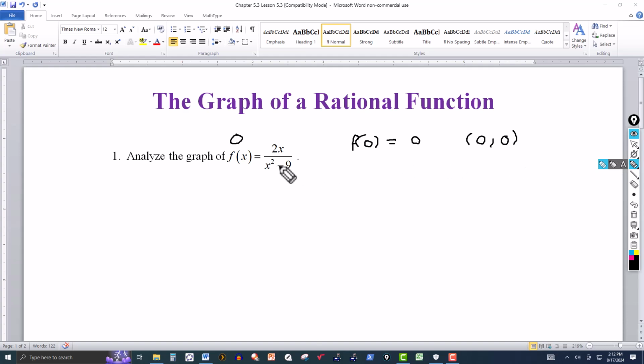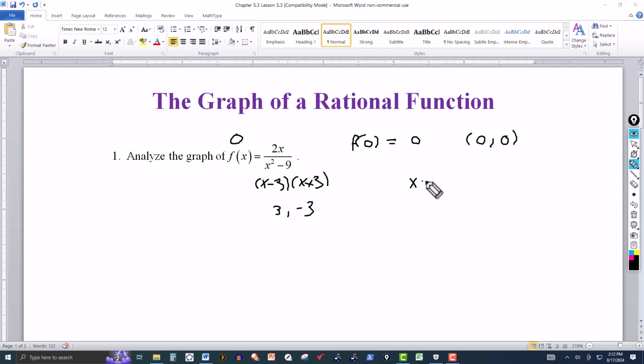Obviously we know that for a rational function, any number that makes the denominator 0 will lead to a vertical asymptote. So if I factor this out, I can see that 3 makes the denominator 0, and negative 3 makes the denominator 0. And as long as those numbers don't make the numerator 0, those are vertical asymptotes.